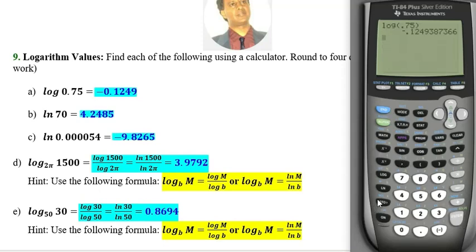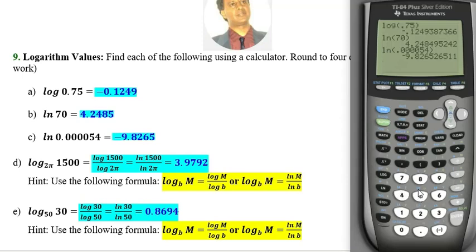Then ln of 70, and that is 4.2485. Then ln of 0.000054, and that is equal to minus 9.8265.